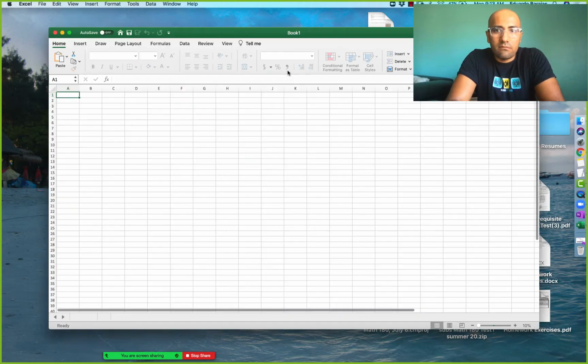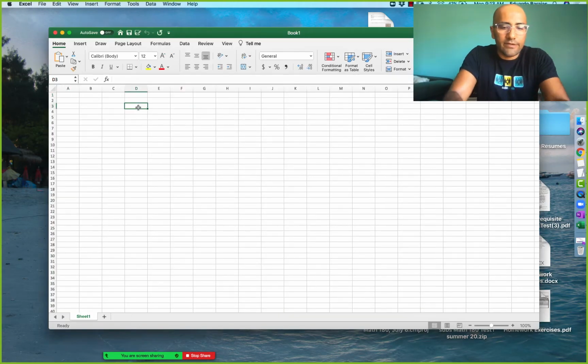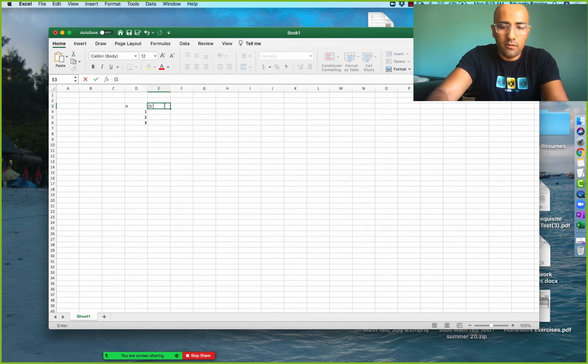So we have a column that's going to be the n values, like 1 and 2 and 3, for example. And then we have this other column, which is the actual function, and it was going to be 1 plus 1 divided by n. And then the whole thing is raised to the power of n.